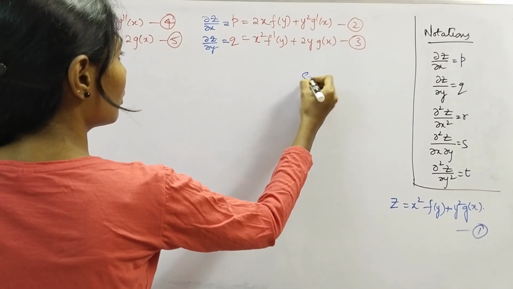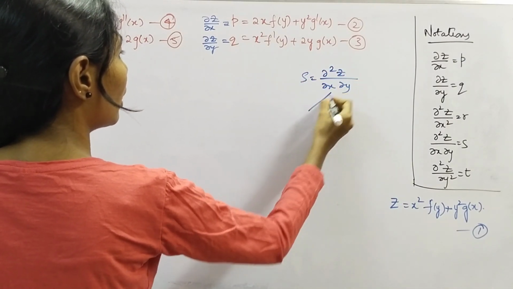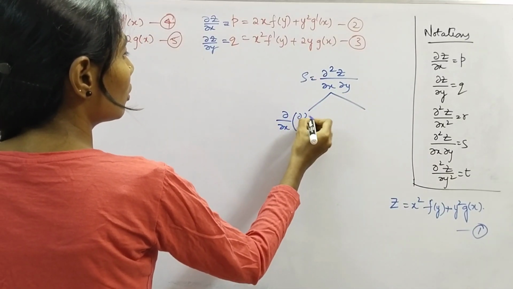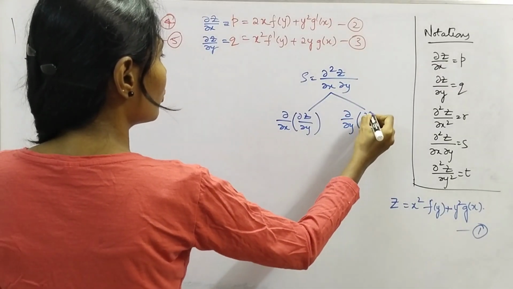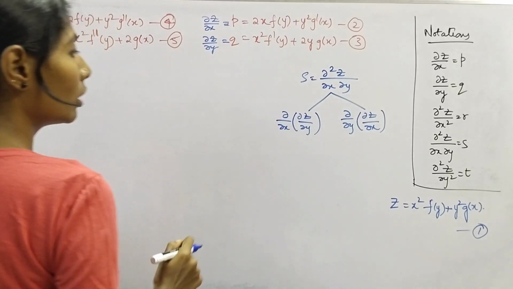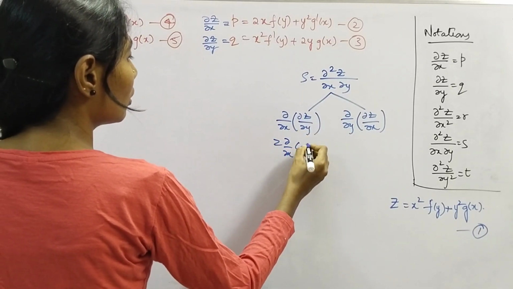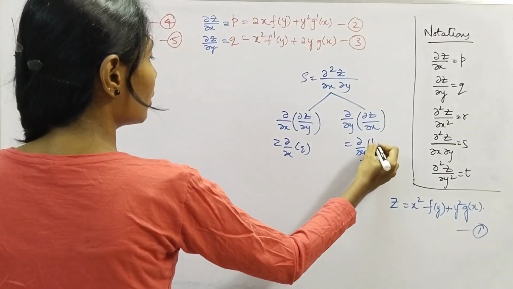S is nothing but dou square z by dou x dou y. You can write this in 2 ways: dou by dou x of dou z by dou y, or dou by dou y of dou z by dou x. Both give the same thing. Here dou z by dou y is nothing but q, and dou z by dou x is nothing but p.